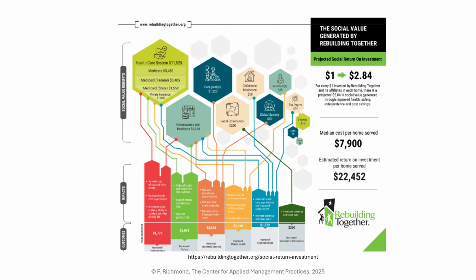But again, clever graphics. The message is the same. I spent $1, I got $2.84 back, the cost per home. But again, you could go to the Colorado folks and get that information. So people have been doing this. I don't know how well they've been communicating this, but they've been doing this.